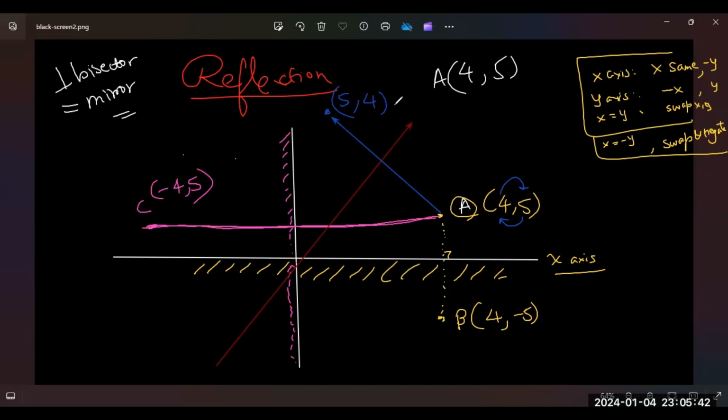Just swap x and y. Even in equations, if you have some sort of an equation and you interchange the positions of x and y, it will become the reflected line, reflected circle, reflected parabola, whatever. Just swap x and y. Now for the last line, which is the other oblique line, the sleeping line.